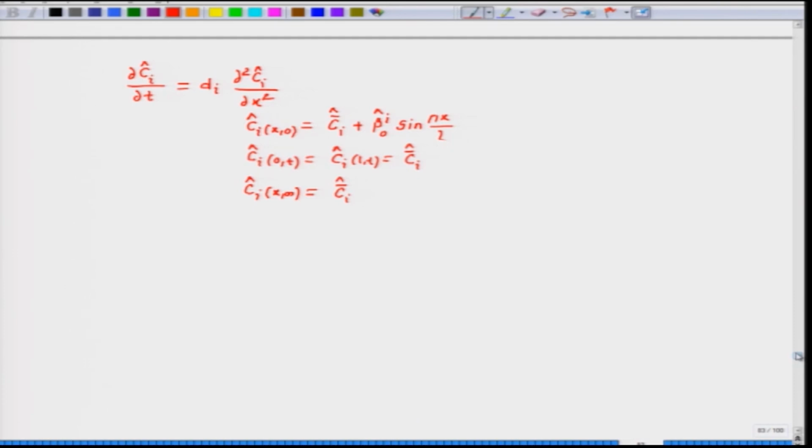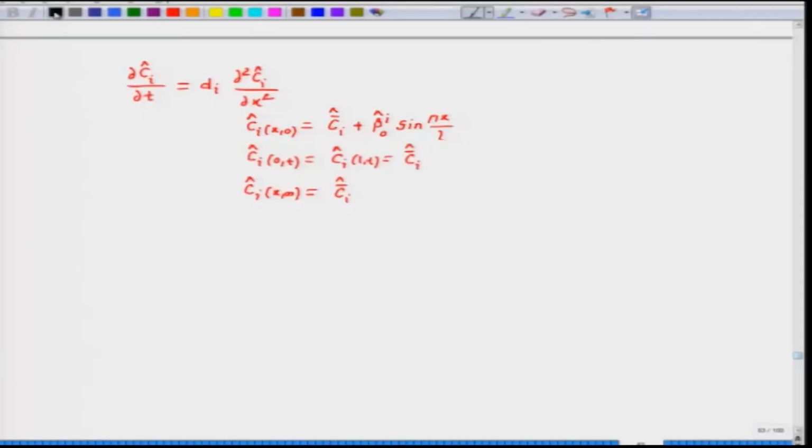Now we need to solve this equation, and we have periodic boundary conditions. So far we used Laplace transforms, which was useful for solving the diffusion equation with infinite boundary conditions. And now we will use another approach which is useful in solving the diffusion equation with periodic boundary conditions, and that is the principle of separation of variables.